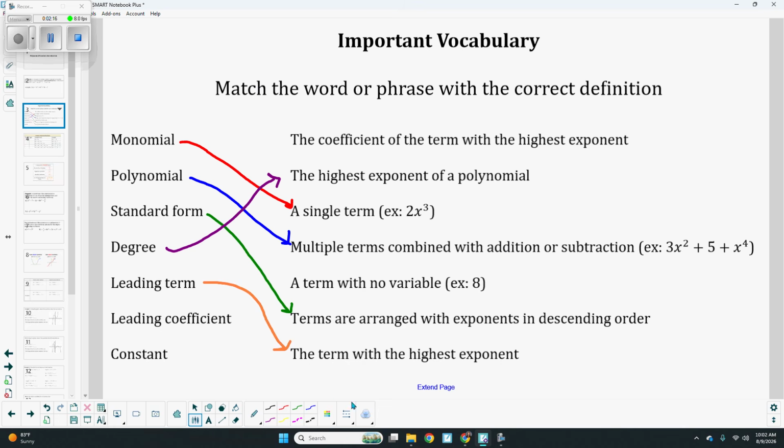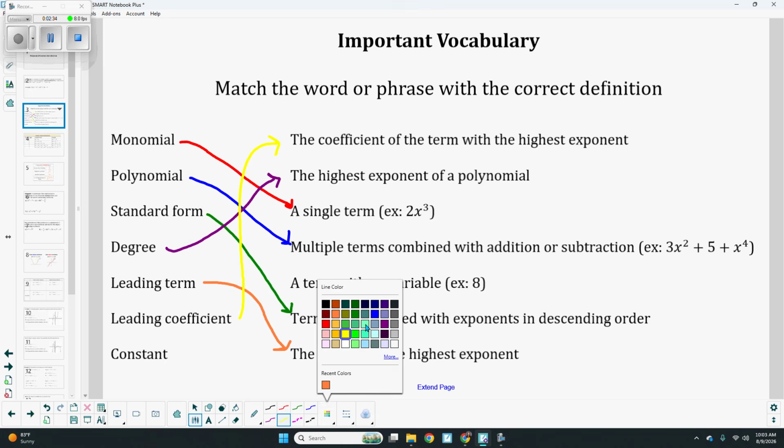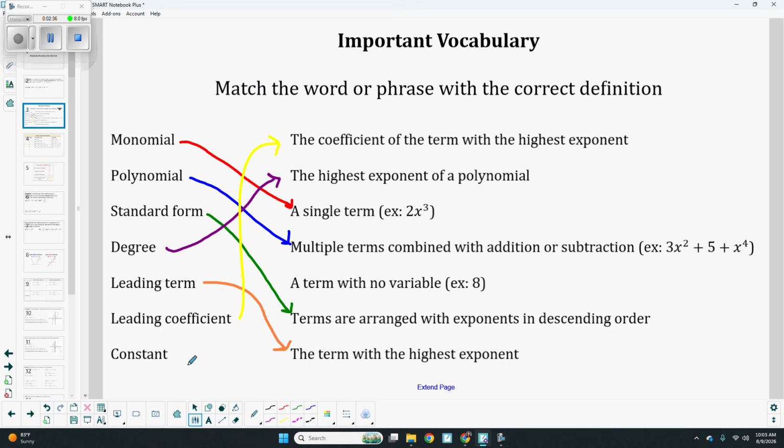The leading coefficient would be the number in front of the term with the highest exponent. And then the constant would be the term with no variable at all. A constant is when it's just a number with nothing else going on.